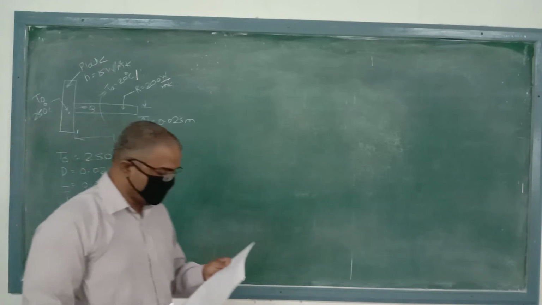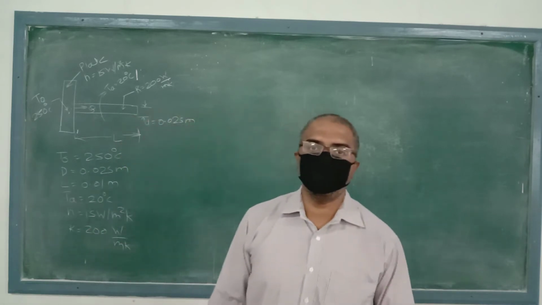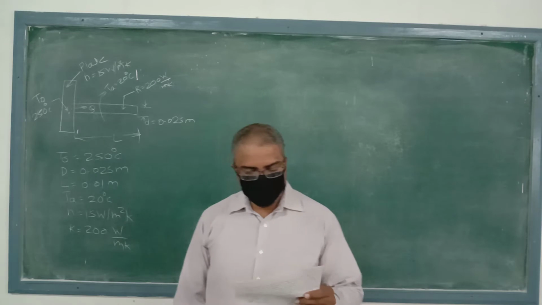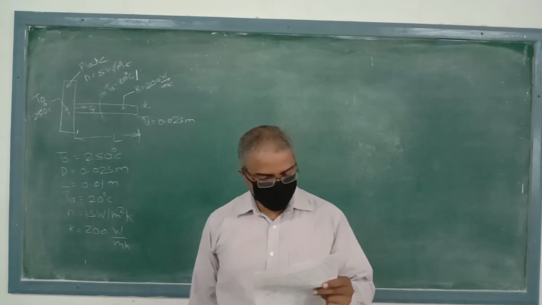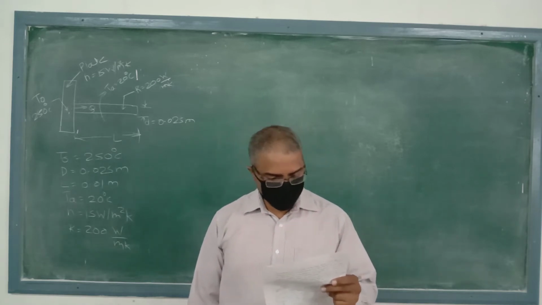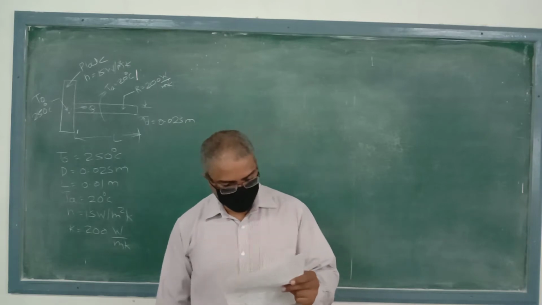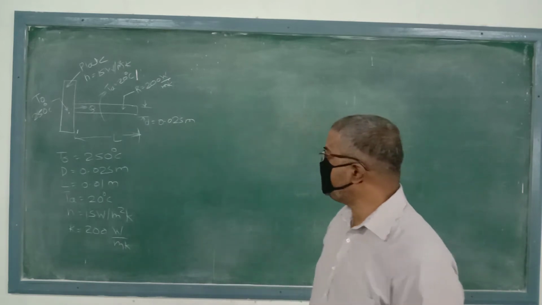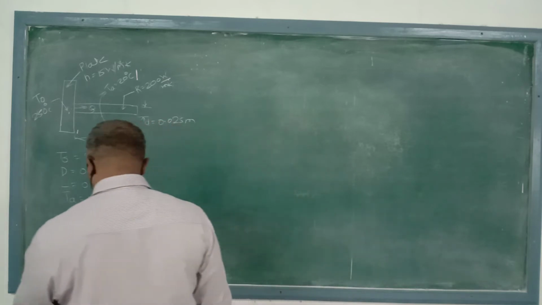These are the things they have given in this problem, and they are asking us to calculate heat loss by rod and to calculate the efficiency. Okay, so whenever we have to find the efficiency, how we are going to find?